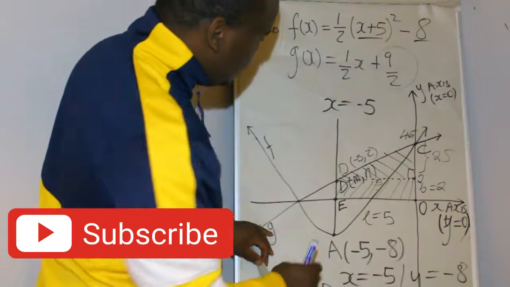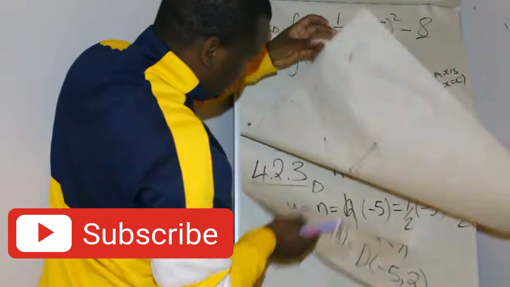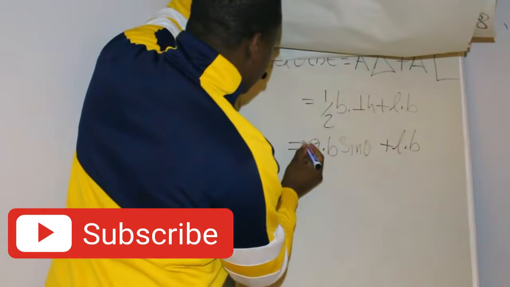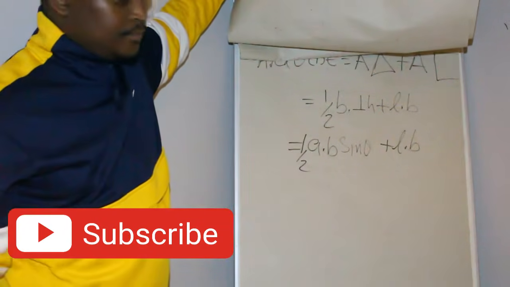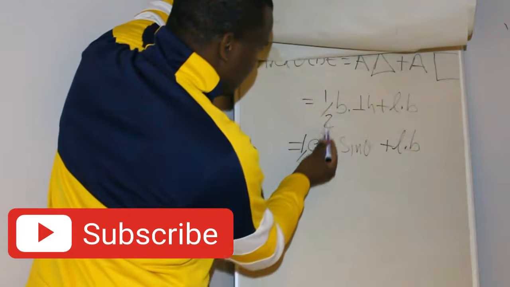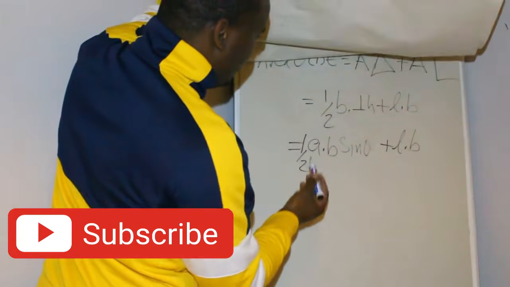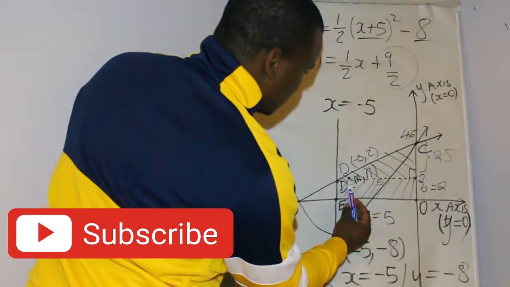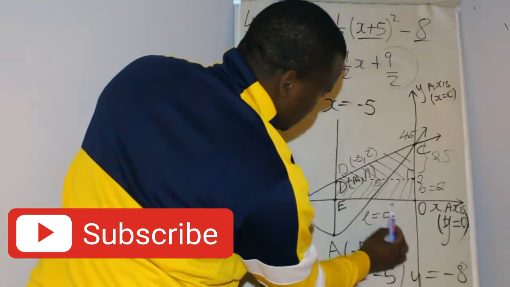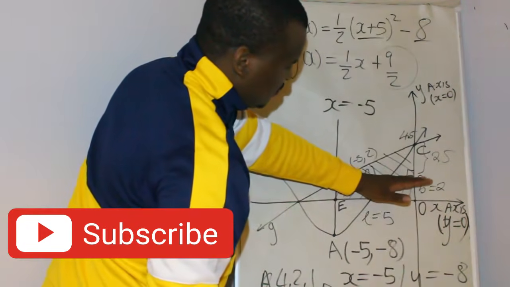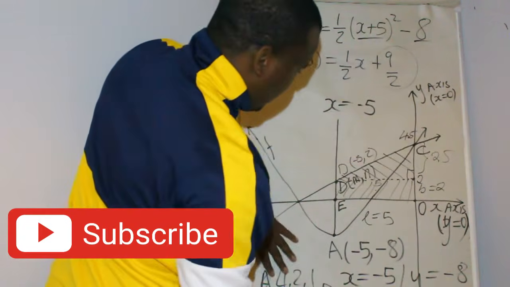So half base: what is your base? It is the side that is sitting at the bottom, which is 5, because the length of this is 5, times the perpendicular height, which is 2,5.